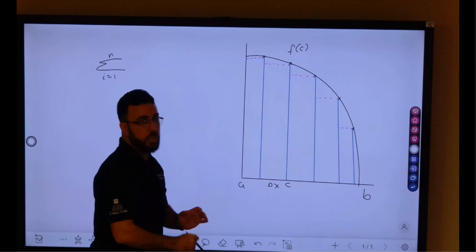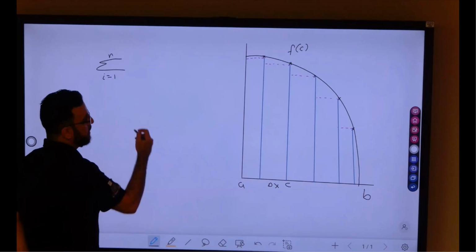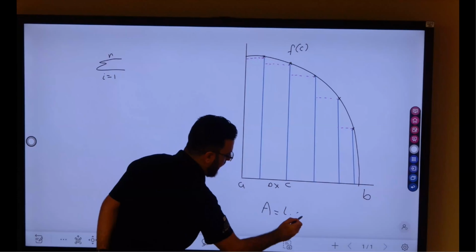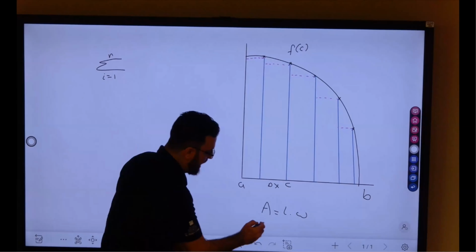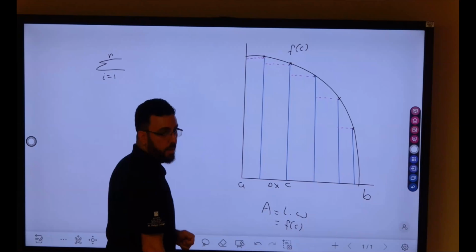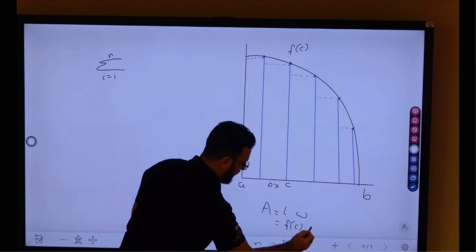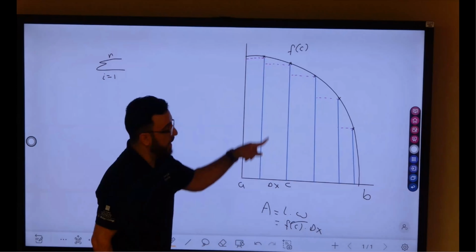Now I need to get this for all rectangles. Can I say the area for a rectangle is length times width, right? For this rectangle, the length is f of c, and the width is dx. This is only for this rectangle.